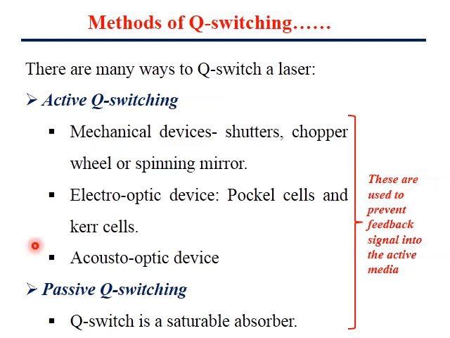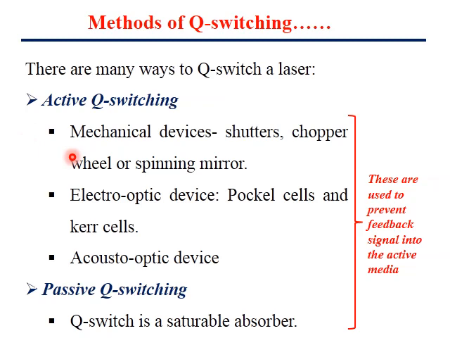All right. As already mentioned, there are many ways to Q switch a laser, and these are categorized mainly into two types. One is active Q switching, and the other is passive Q switching. In active Q switching, there are three main devices used.